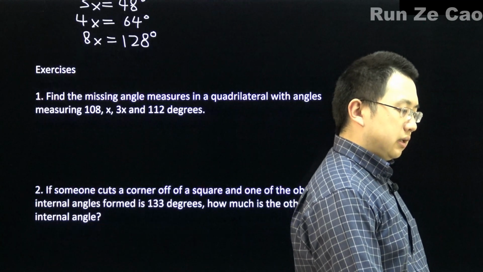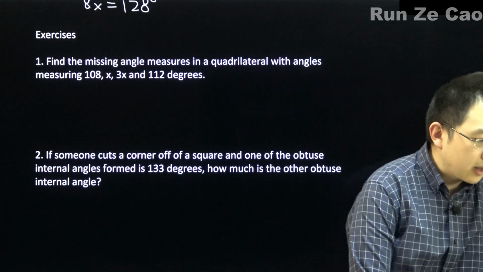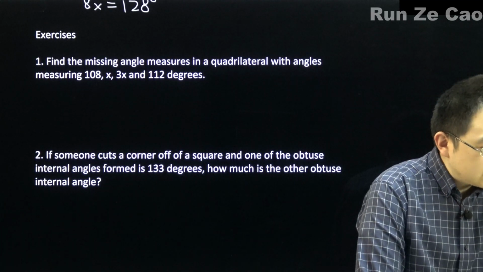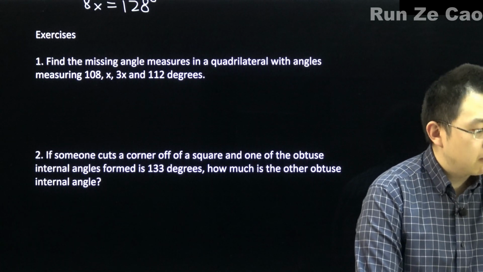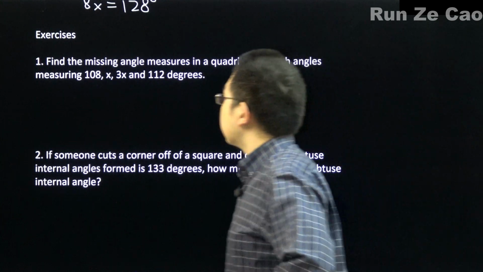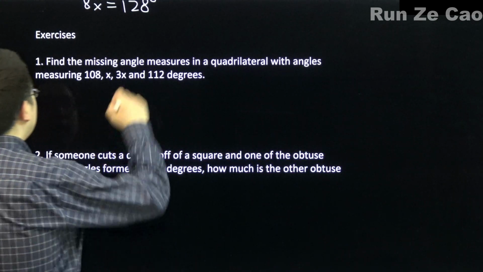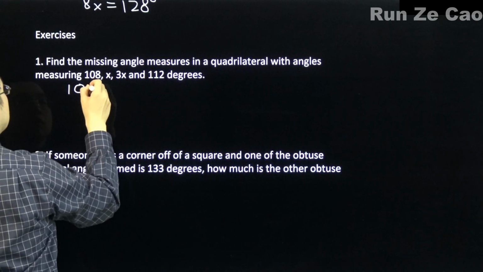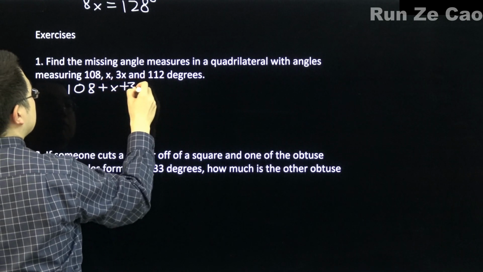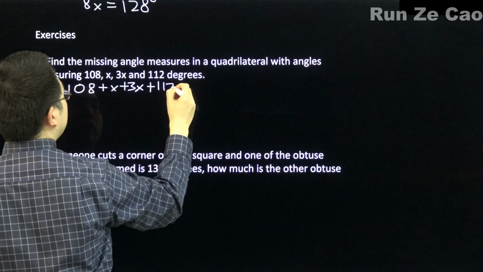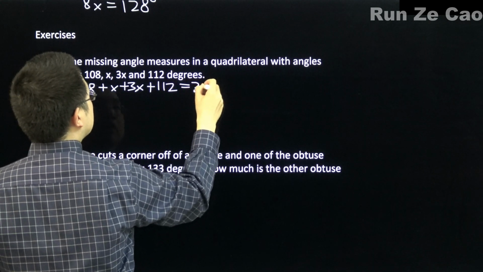Now, exercises. Find the missing angle measures in a quadrilateral with angles measuring 108, x, 3x, and 112 degrees. So we have 108 plus x plus 3x plus 112 equals 360.